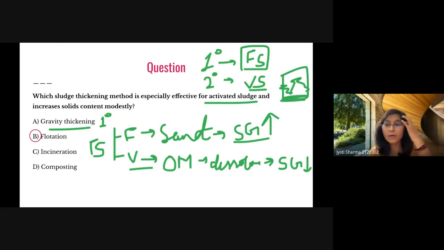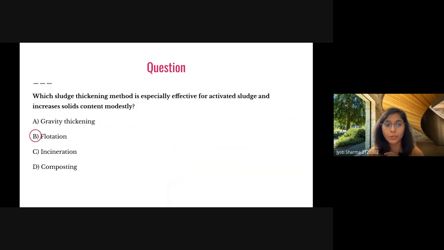So for this, we need flotation, and we will talk about what flotation means. But keep it clear in your mind: for the sludge after primary treatment, the effective method is gravity thickening, and for the sludge after secondary treatment, the effective method will be flotation. Now let me talk about flotation.